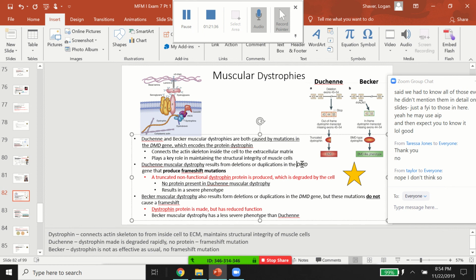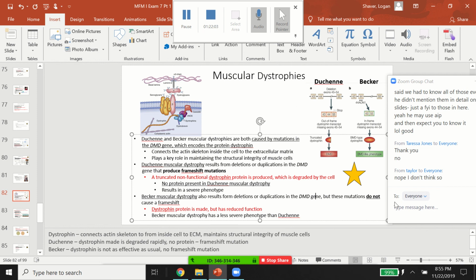Notice that they're both mutations within the DMD gene, but Duchenne is typically known as the much worse version of muscular dystrophy, and the way I think about it, it's because it's due to a worse mutation. It's due to a frame shift mutation, which messes up everything from that mutation onward in the gene.